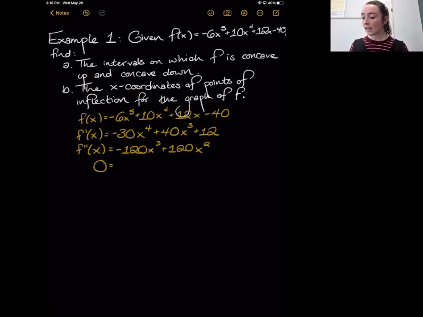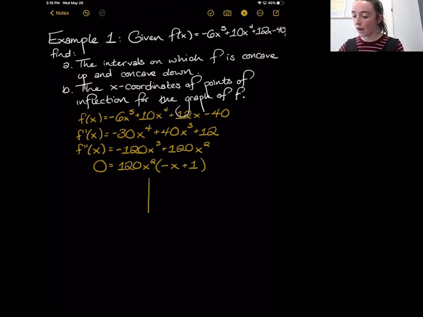I can factor a 120 as well as an x squared out of each of these terms, which would leave me with negative x plus 1. And then I can split this up into my two factors.